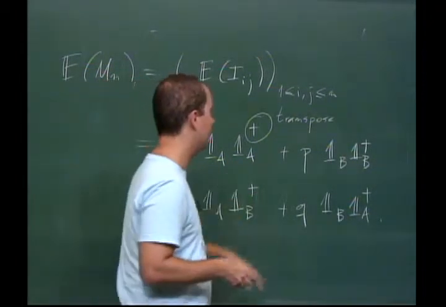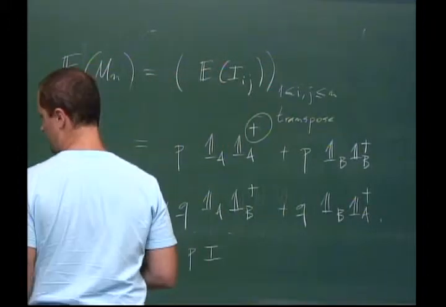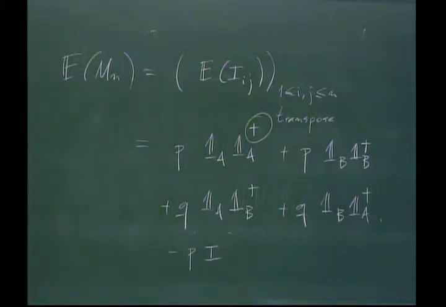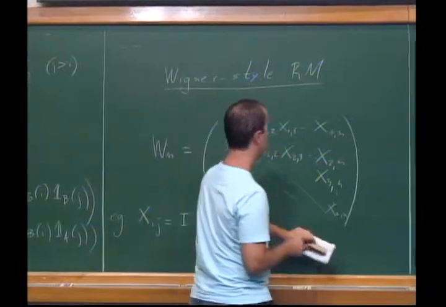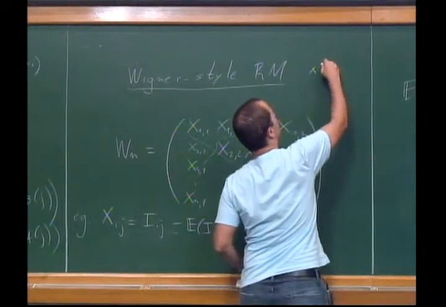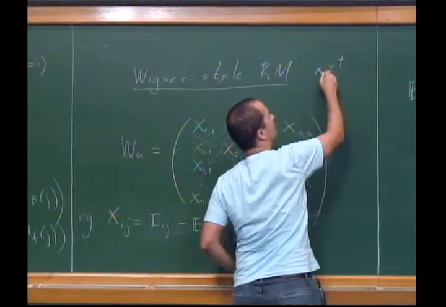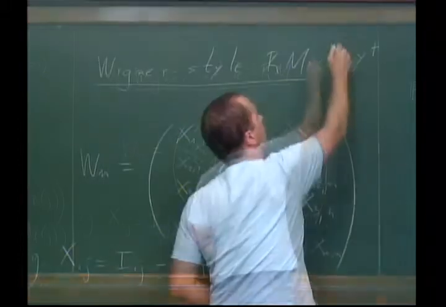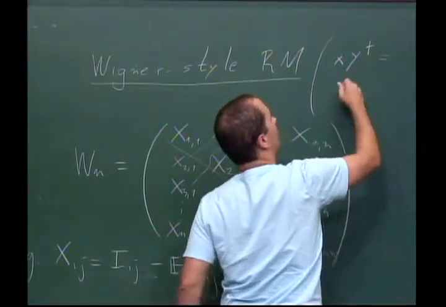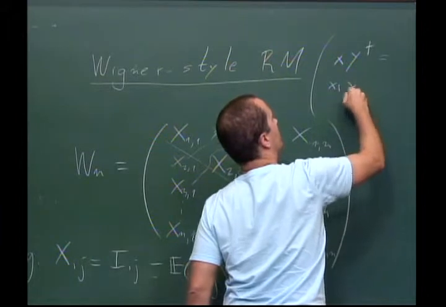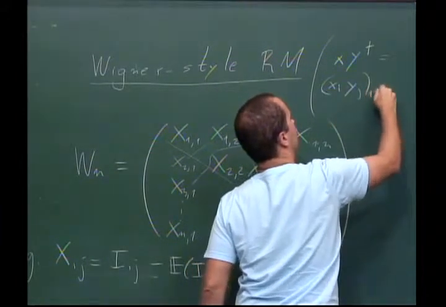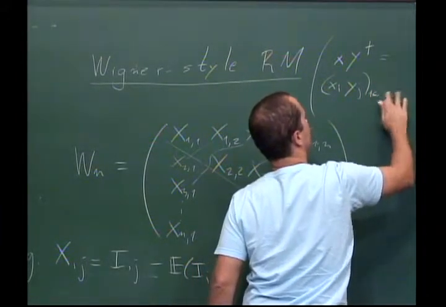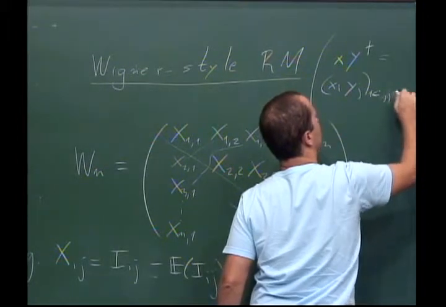What is this matrix like? Well, just to recap some very basic linear algebra, when you take two column vectors, and you have a matrix like this, the entries of the matrix are just x_i y_j, with i and j going from 1 to n.